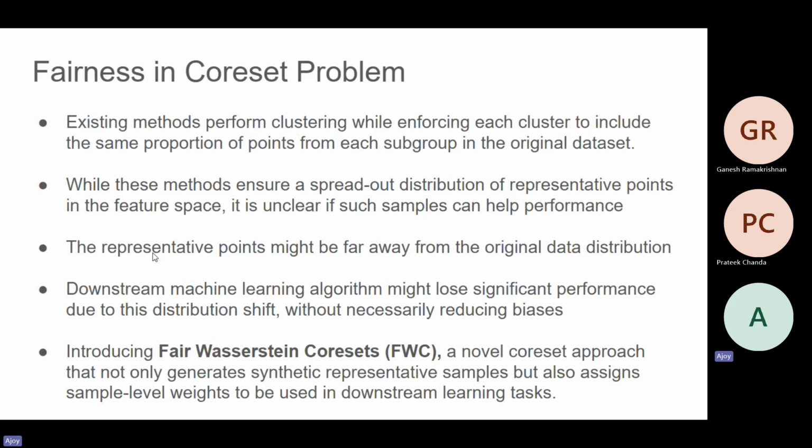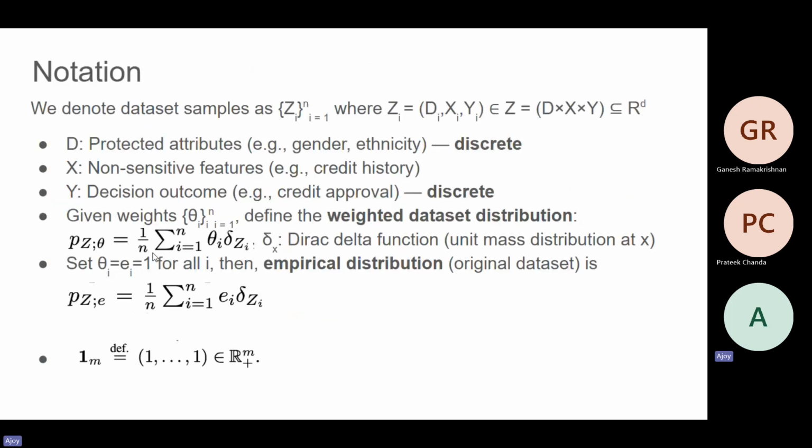So this paper introduces fair Wasserstein coresets, where they generate synthetic representative samples, but also assign sample-level weights. So just a notation.